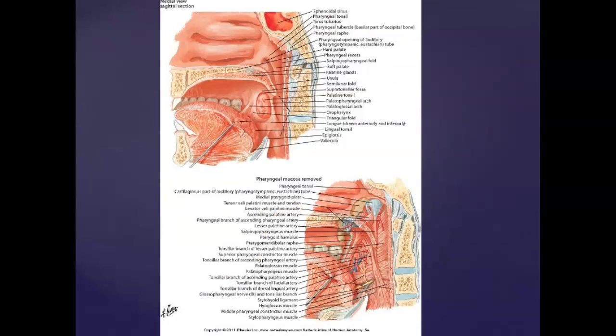The salpingopharyngeus is right here, coming down from the bottom of that auditory canal down toward the pharynx as well. So the salpingopharyngeus, stylopharyngeus, which is tough to see on this shot, but then also the palatopharyngeus. Those three are going to be pharyngeal elevators, pulling the pharynx up when you swallow.